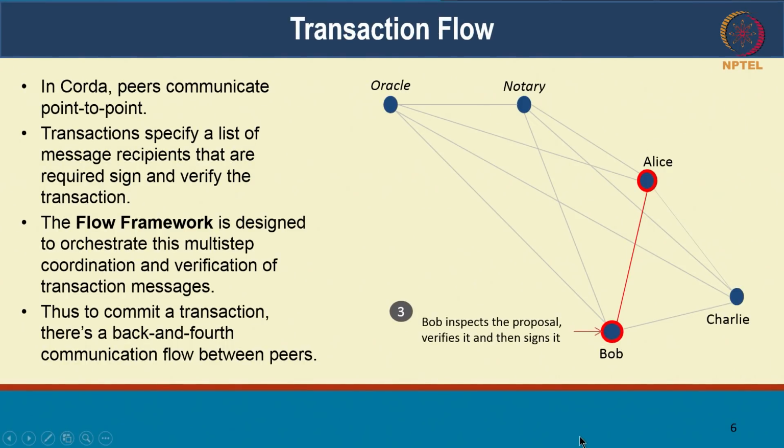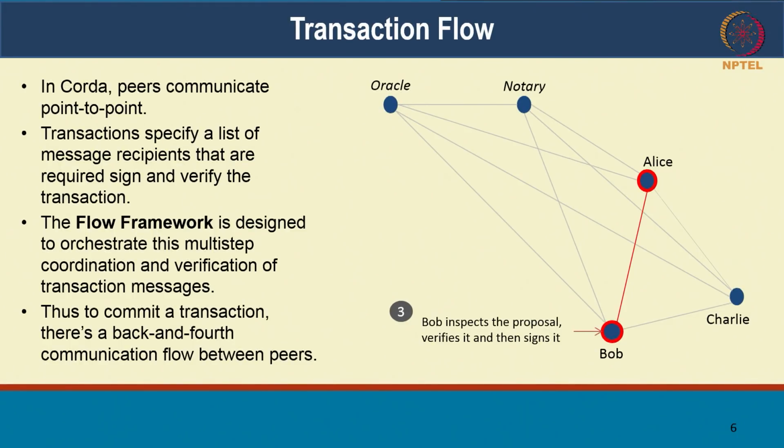Bob, on receiving this proposal, can inspect it and use any logic of his choice. This is off-contract logic, not the contract logic itself, but it can look at the contract execution and see if the state derived by Alice is correct. It can also use external information, for instance if this is a payment, to see whether Alice is making the payment in time.